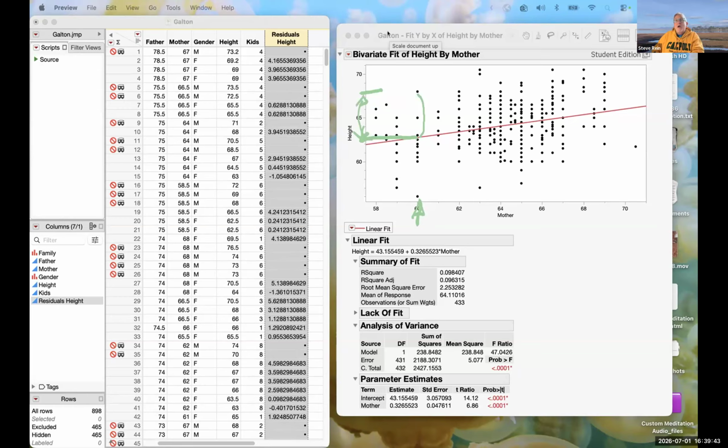That is an error. It's residual variability in heights that is not explained by the height of the mother. And so these residuals are measures of the errors. My claim is if you take these residuals and square them up and sum them, it would be smaller than for any other trend line we could have drawn in.